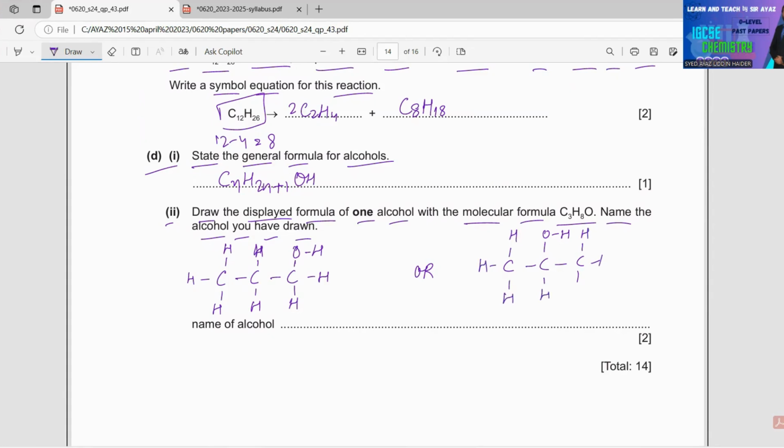So if your answer is the first one, let's call it A, and let's call it B. If your answer is alcohol A, so you'll write propan-1-ol. The name is according to the functional group, which is OH in this. But if you have drawn the displayed formula of alcohol B, then it must be propan-2-ol. As you can see, the OH is on carbon number 2.